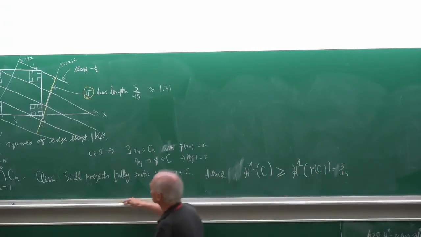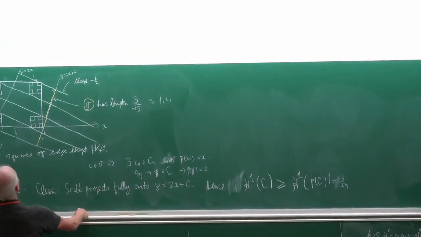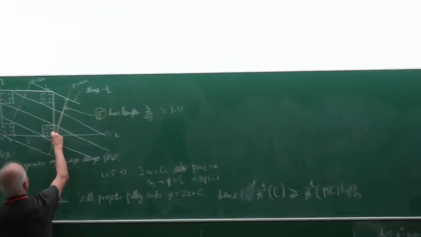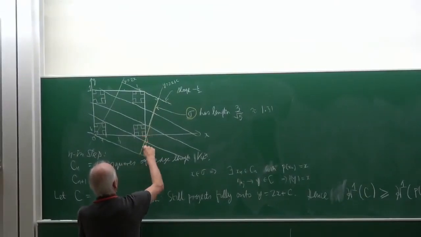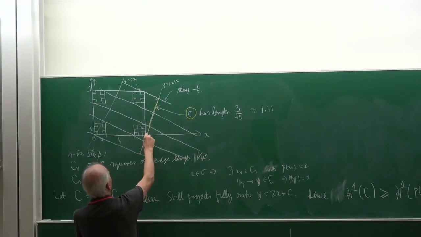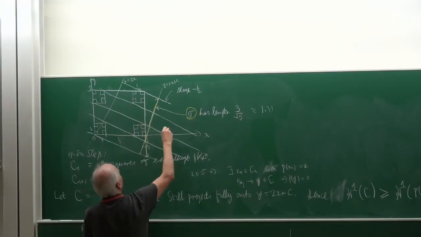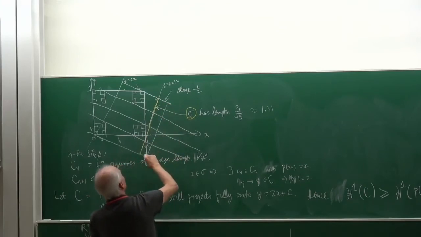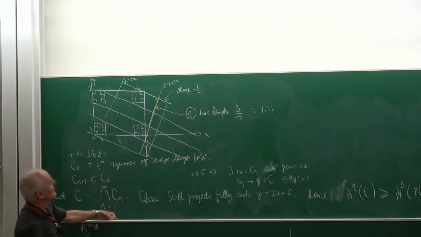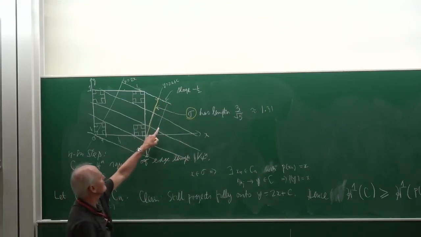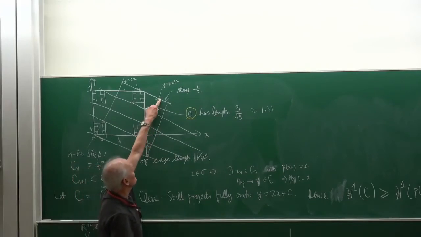Really annoyed I forgot how to compute this 3 over root 5. I think you take this down to here. And that's a half there, right? That's 1, and you take this triangle. Yeah, that's the way to do it. And then call this sigma. This is sigma over 2.